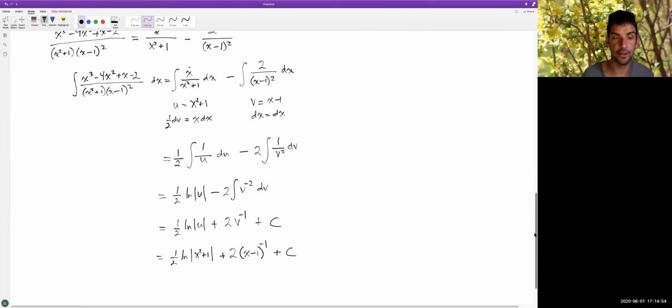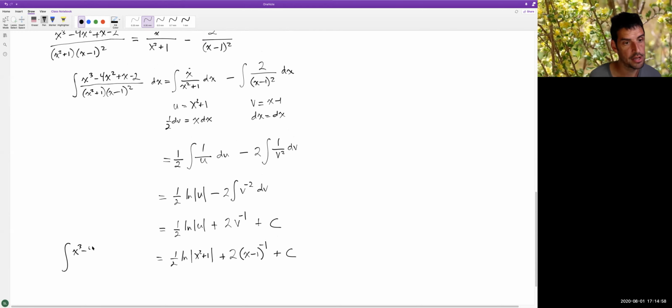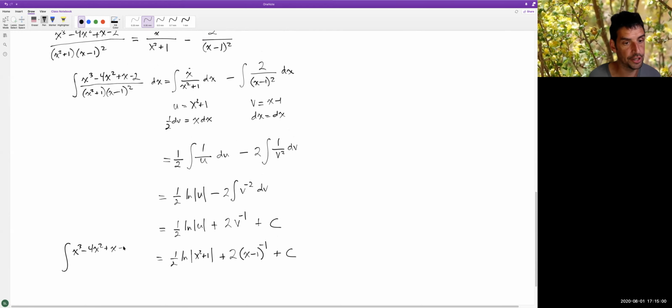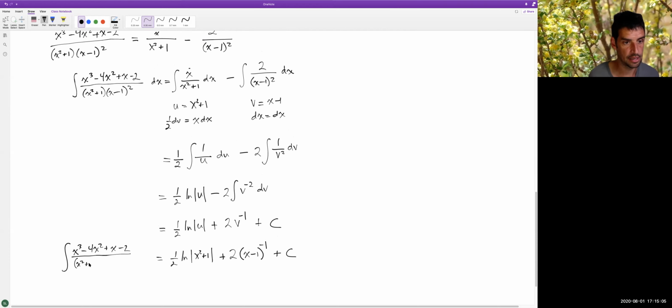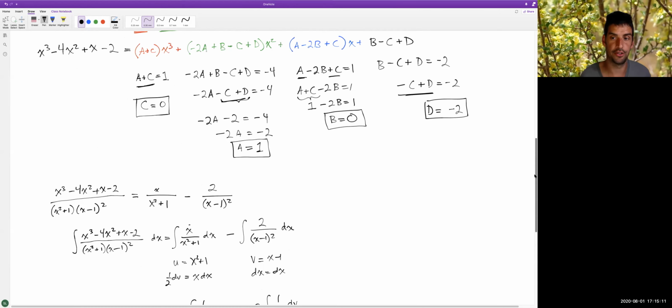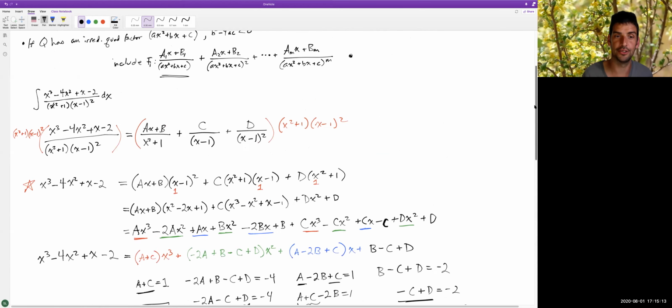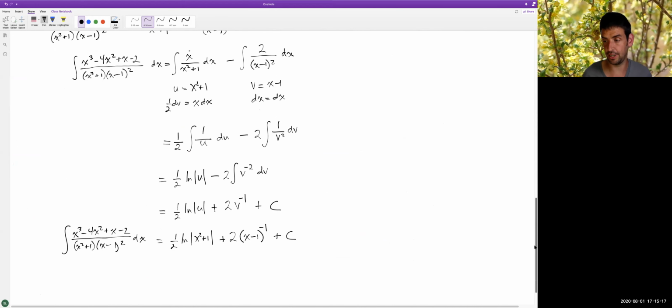That is the antiderivative of this mess of a rational function. As you can see, it does take a bit of work, right? There's quite a bit of work we did to get here. There's a lot of algebra. And even once we get through all that, we still have to take the derivatives, right?